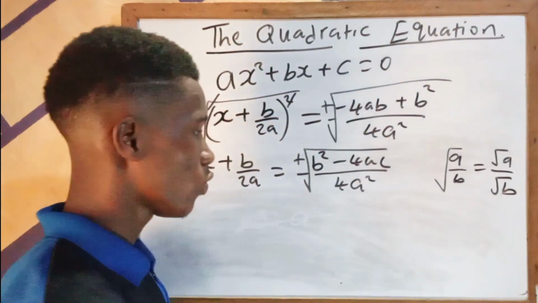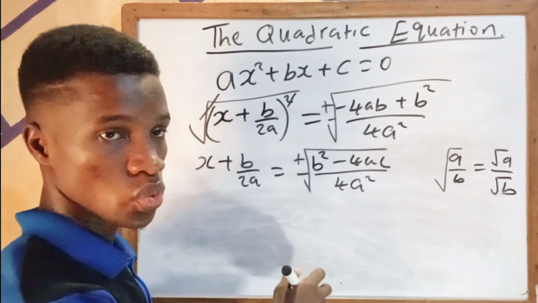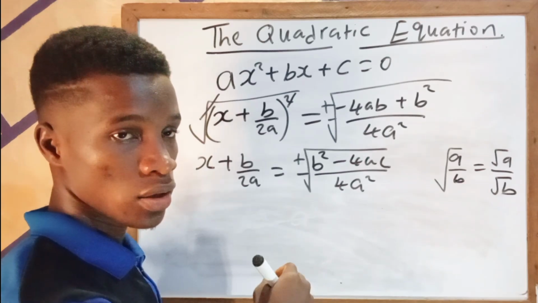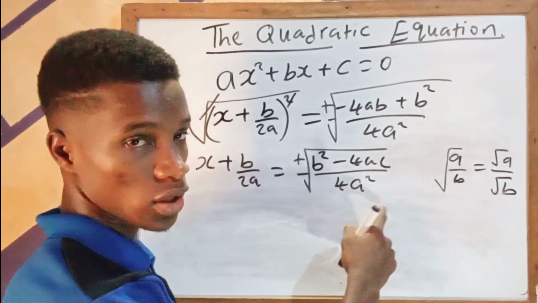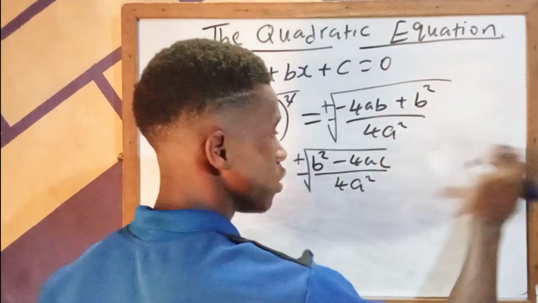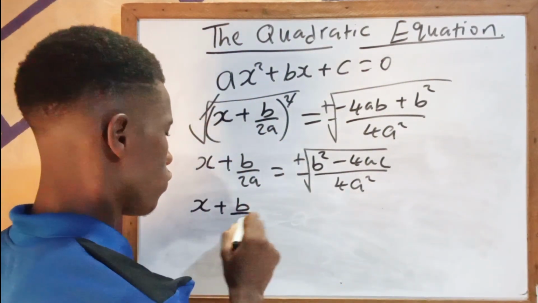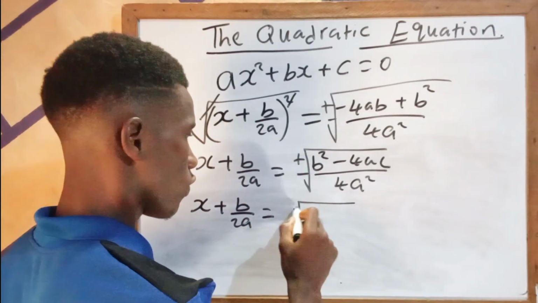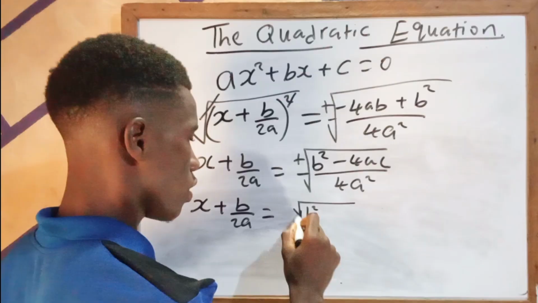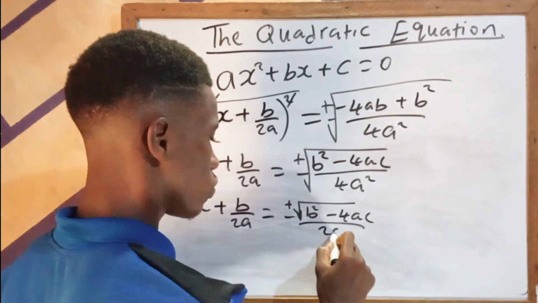So when you look at this denominator, it is a perfect square. We can take the square root of 4 and of a squared, so we have 2a. We take the square root of the numerator, so that x plus b over 2a is equal to plus or minus square root of b squared minus 4ac over 2a.